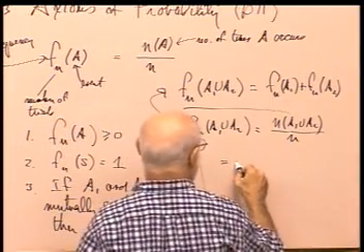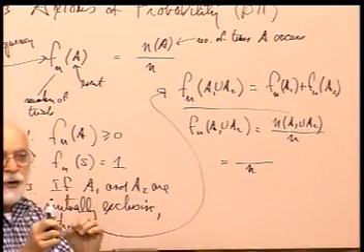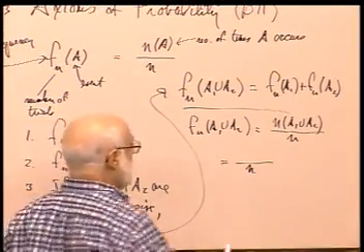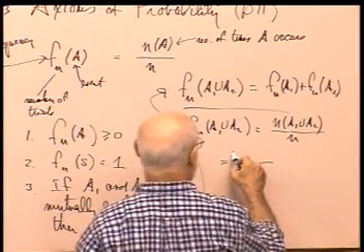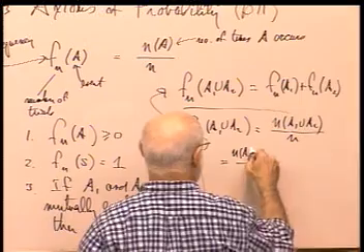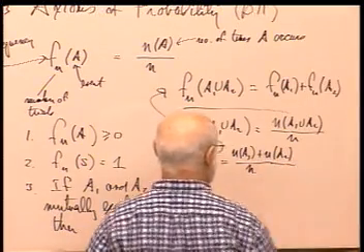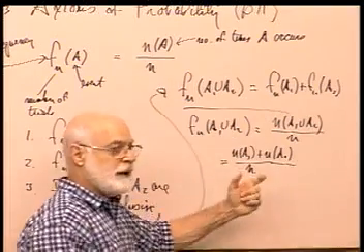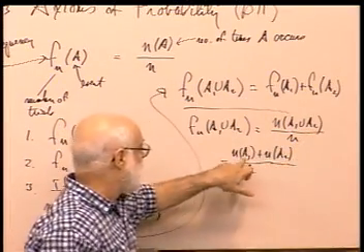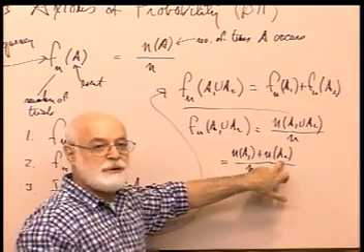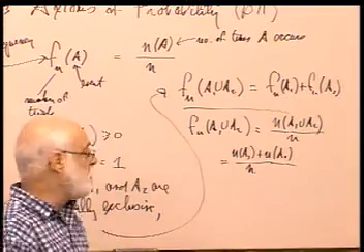But now, if the events are mutually exclusive, that means if one occurs, the other one does not, there's no overlap, no intersection, then the number of times I get one or the other is obviously equal to the number of times I get one of them plus the number of times I get the other one. In other words, the number of times I'm going to get either snake eyes or a 7 is the number of times I get snake eyes plus the number of times I get 7. Because if one occurs, the other one does not.